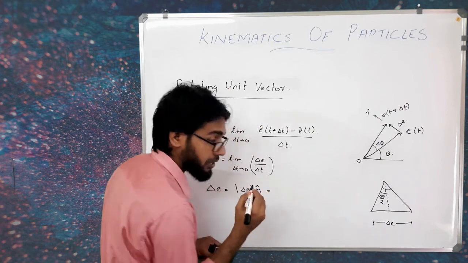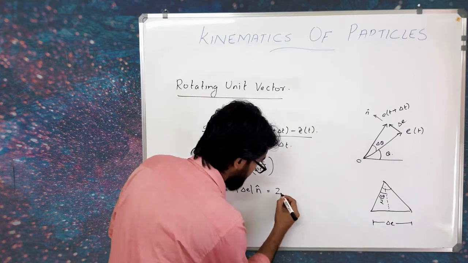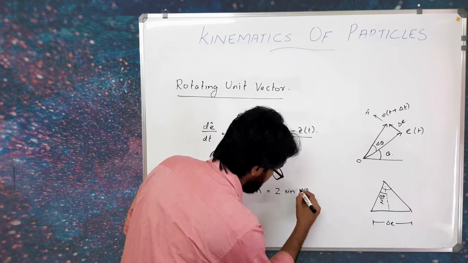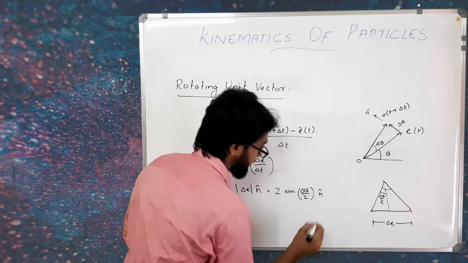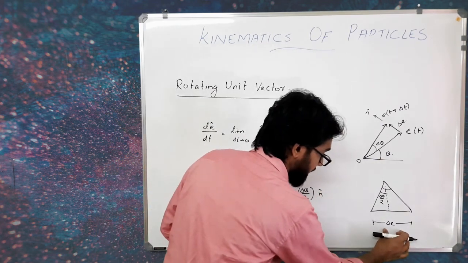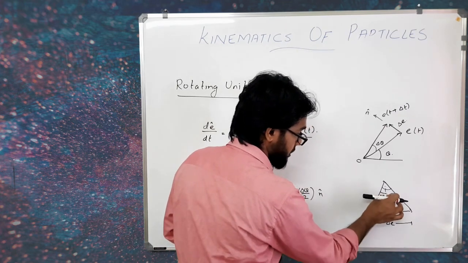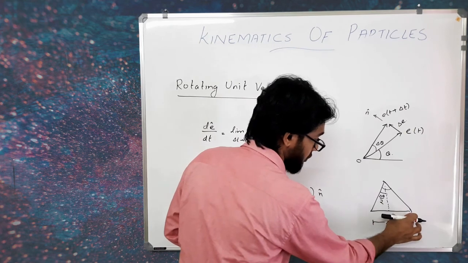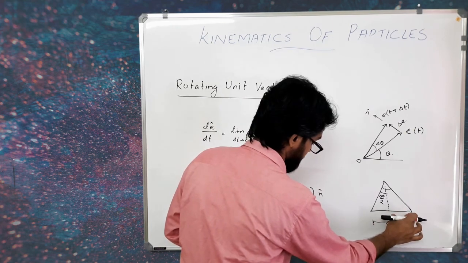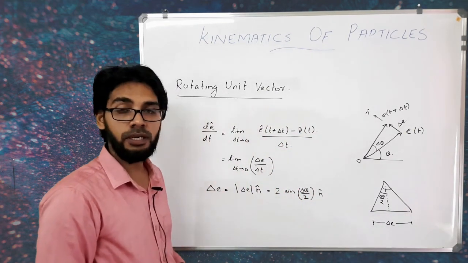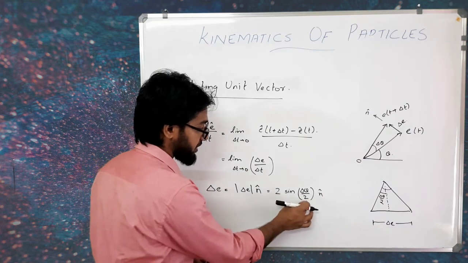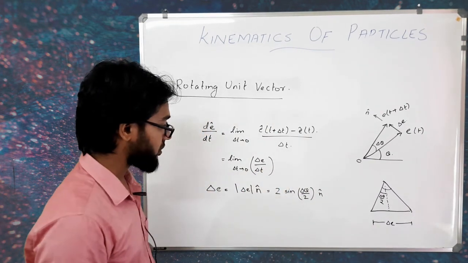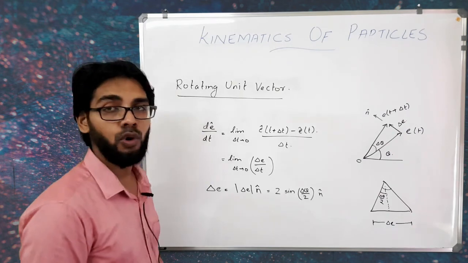That will be equal to 2 sin(Δθ/2) into n cap, because the magnitude of ΔE is sin(Δθ/2) plus sin(Δθ/2). Remember? So 2 sin(Δθ/2) into n cap. Any doubts here? Okay, let's move on.